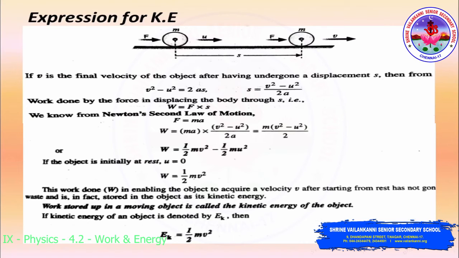The work stored up in a moving object is called the kinetic energy of the body. So E_K, the kinetic energy, equals half mv square: half the product of the mass of the body and the square of its speed.